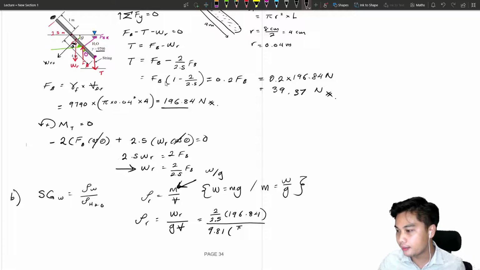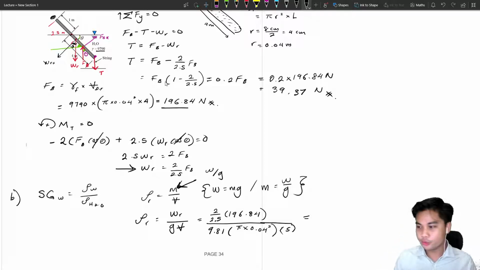So pi multiplied with r, which is 0.04 squared, multiplied with the length, 5 meters. Try to solve this one. You will get 196.84 multiplied with 2 divided by 2.5.